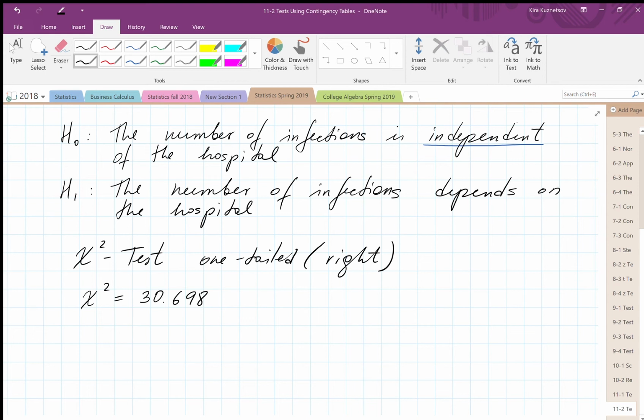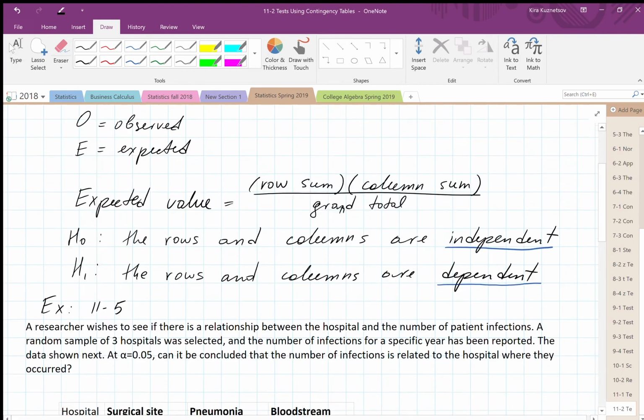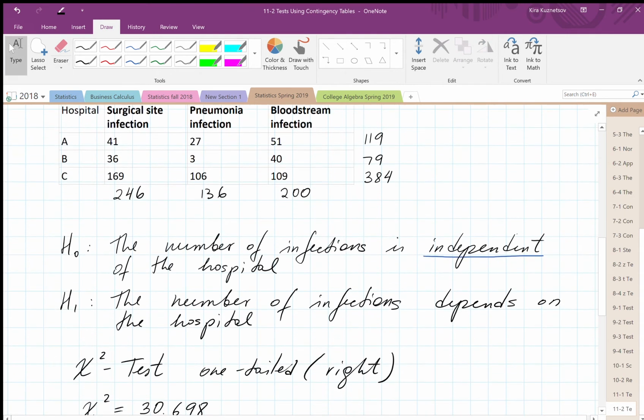The degree of freedom is calculated by the number of columns minus 1 times the number of rows minus 1.